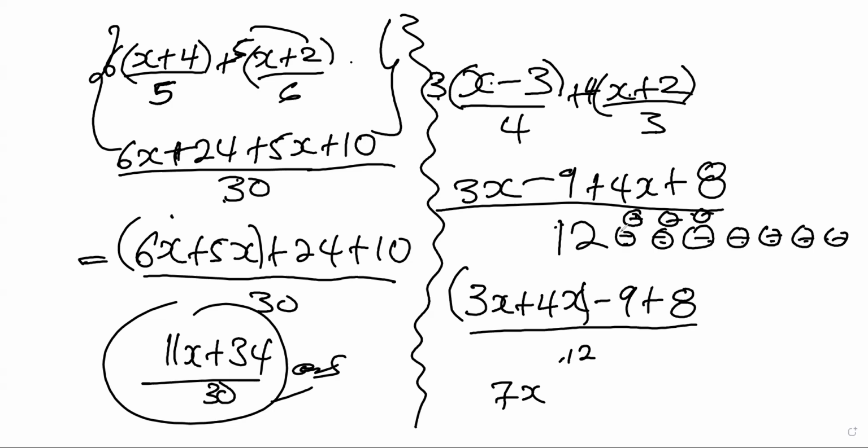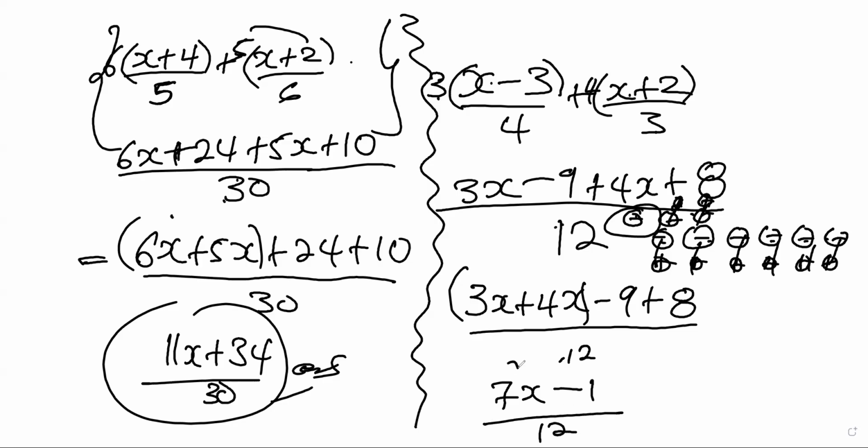Then I have 8 positive. 1, 2, 3, 4, 5, 6, 7, 8, right? Each positive cancels one negative. One negative is left. And that's a minus 1 over 12.